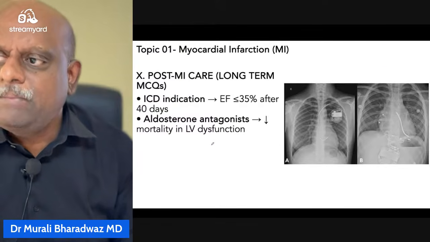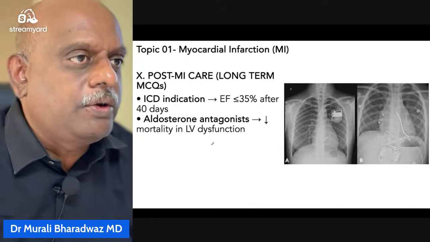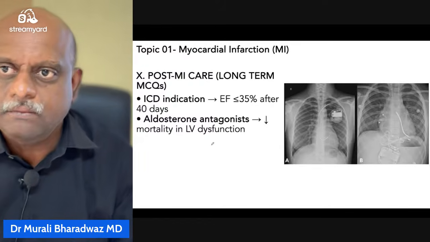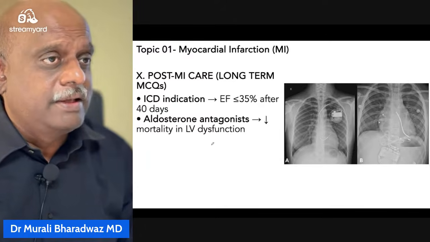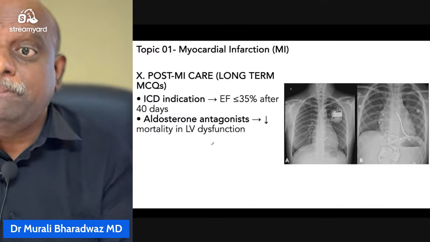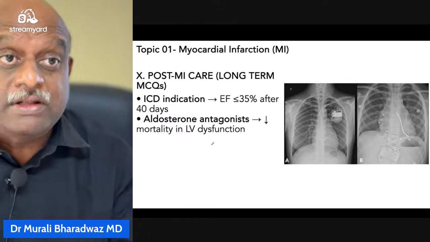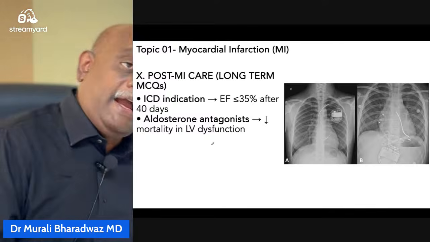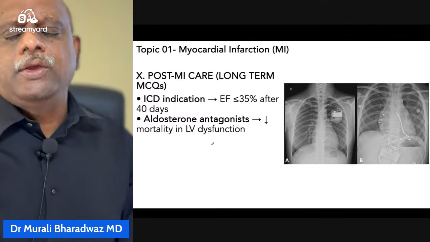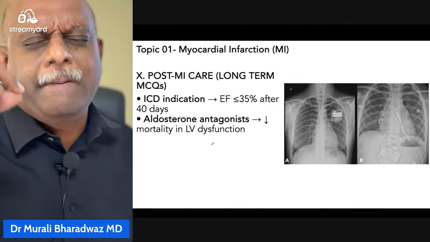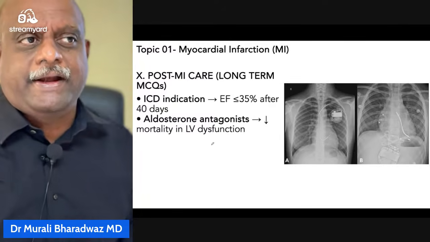Then after MI, how do you want to manage the patient? The patient lost myocardium. He is unable to pump the blood. He will suffer from hypotension. So, what is the way you can judge how severely the myocardium is affected?